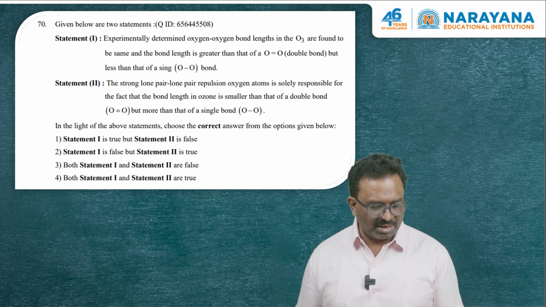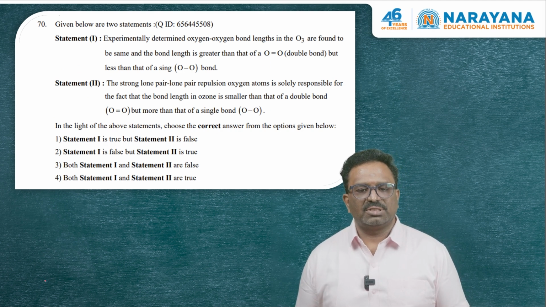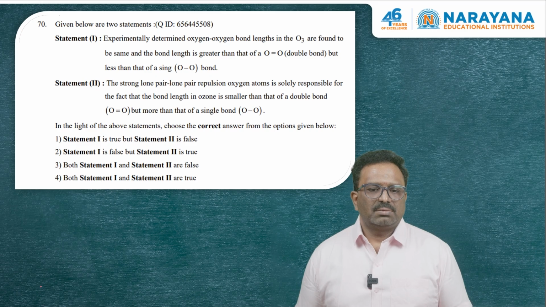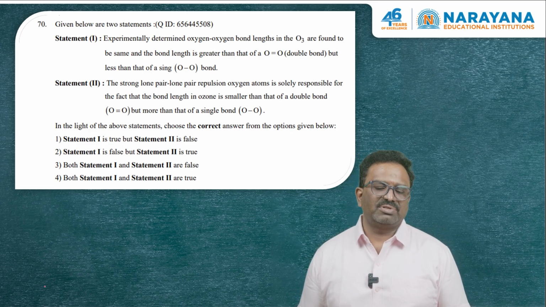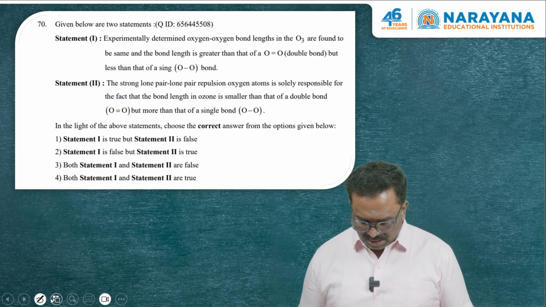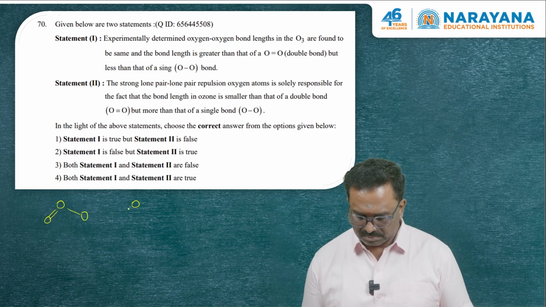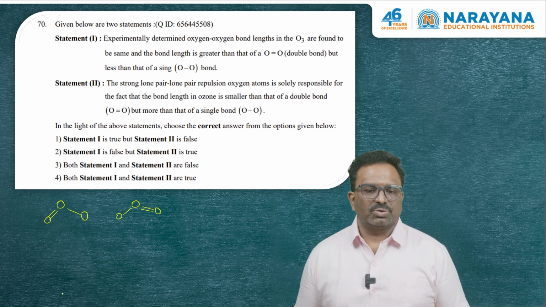Here the statement mentioned is: experimentally determined oxygen bond lengths in O3 are found to be same, and the bond length is greater than that of O=O but less than that of the single O-O bond length. When we observe ozone, there is a resonance structure for the ozone.